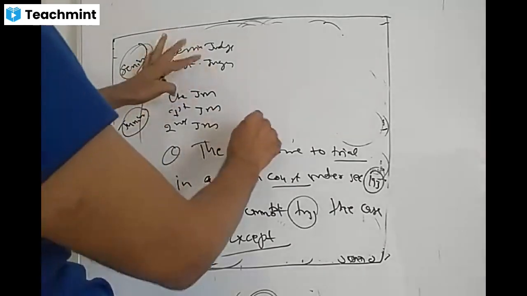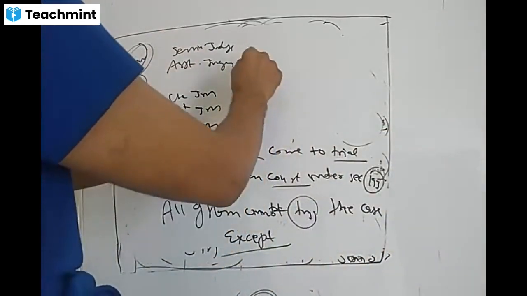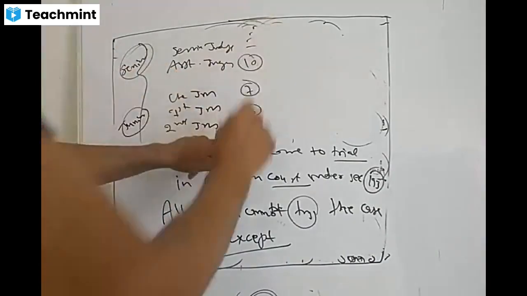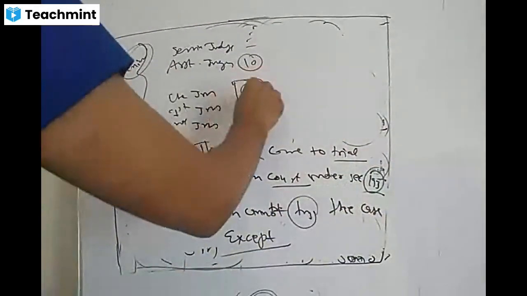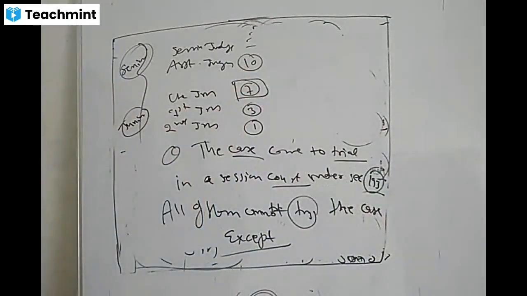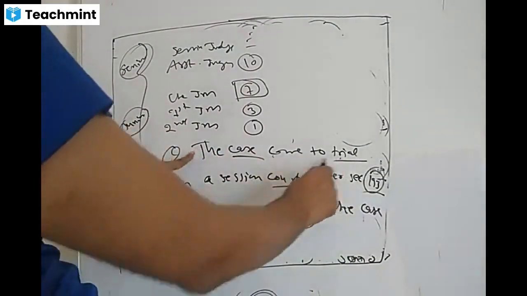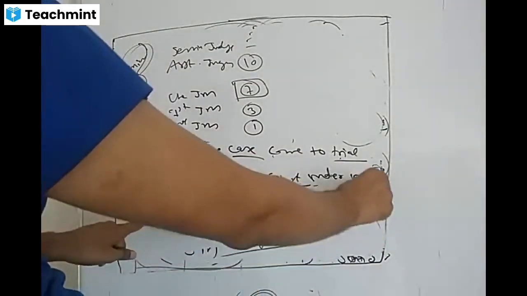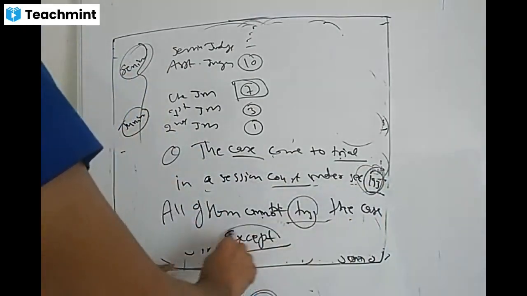Their power is to give 1 year imprisonment, 3, 7, 10, and unlimited. So the case of perjury, the punishment is 7 years. The question is, the case comes to trial in a session court under section 193. All of them cannot try the case except.